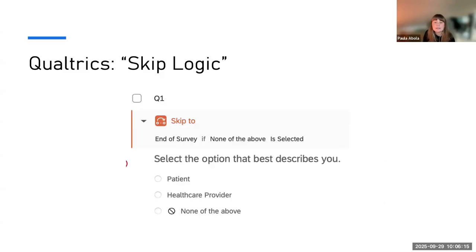And as you can see in this inclusion criteria question, I asked if they are patient, healthcare provider, or none of the above. So if none of the above was selected, then the participant would be taken to the end of the survey. And this is why it says skip to end of survey if none of the above is selected. And in a way, these participants were not able to participate.